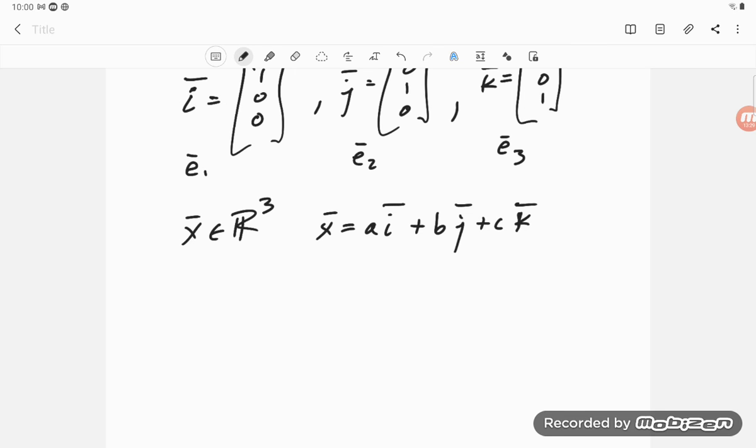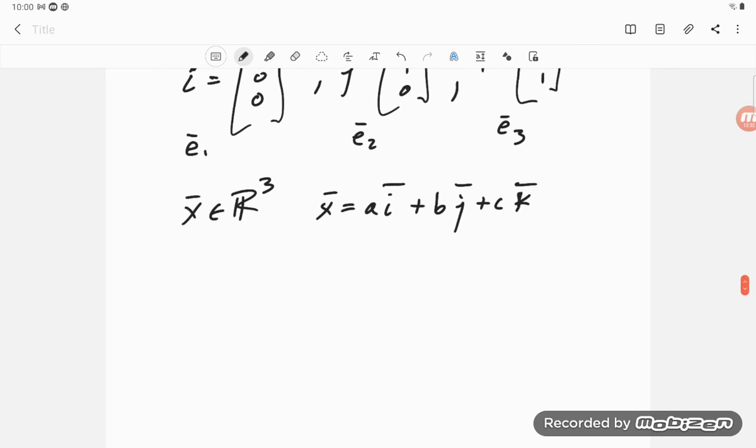And I guess since we have orthogonal, we can also mention parallel.